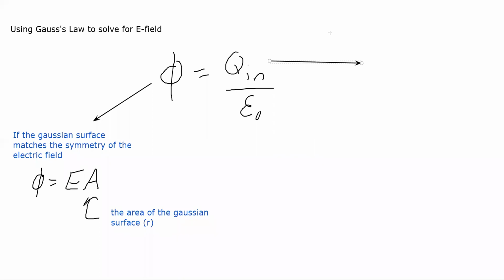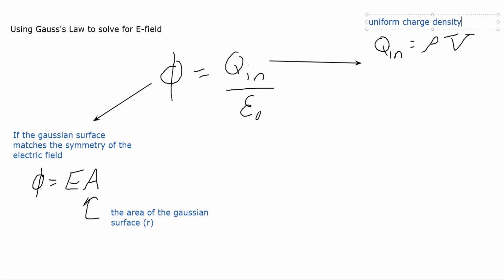And charge inside, we saw that we could solve for using something like density. So if we're talking about a volume charge density, then it would be Q inside equals rho V. Okay, so that would be the case for a constant, or a uniform charge density.